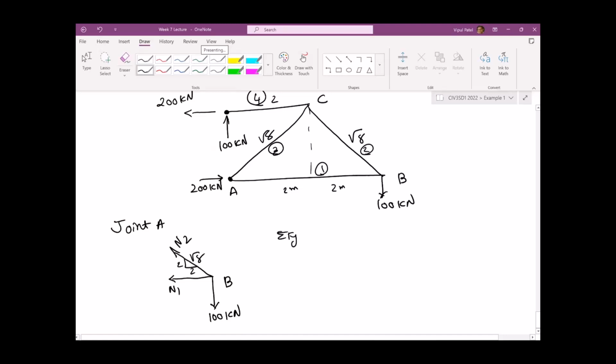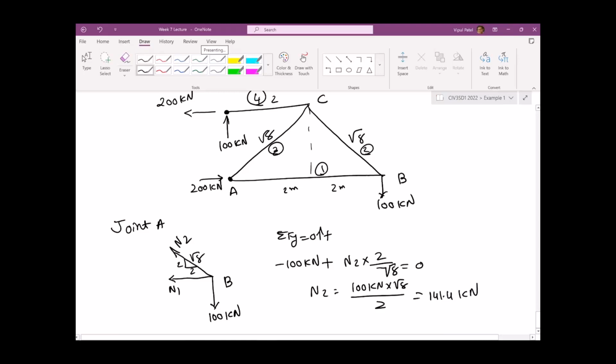Sum of the forces in the y direction, upward is positive: minus 100 kilonewtons plus N2 times 2 over square root 8 equals 0. So N2 equals 100 kilonewtons times square root 8 over 2. Using my calculator, 100 times square root 8 over 2 gives 141.4 kilonewtons.